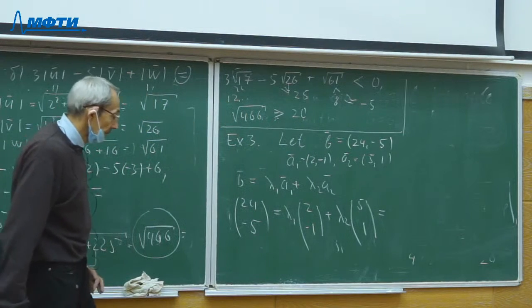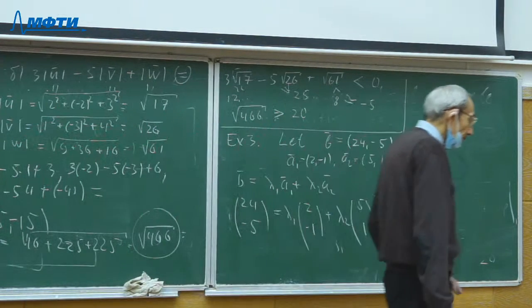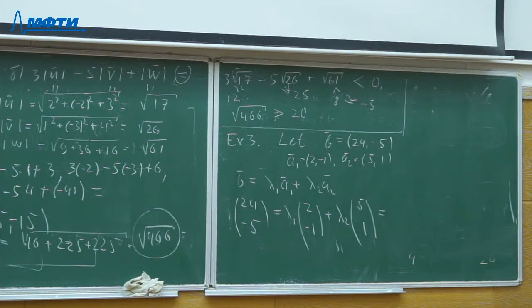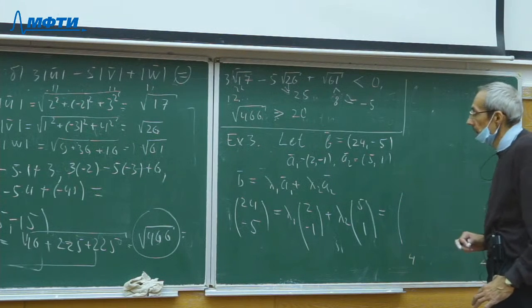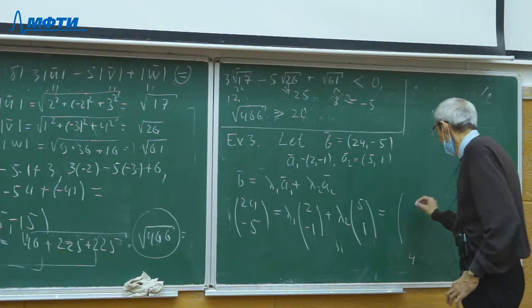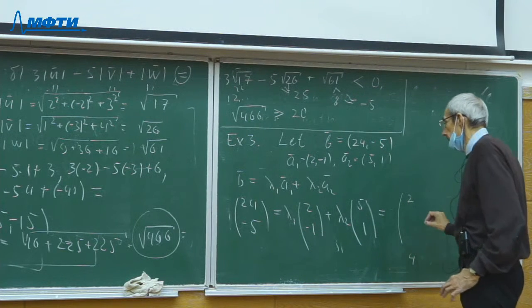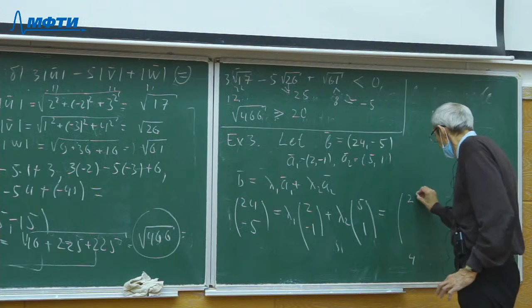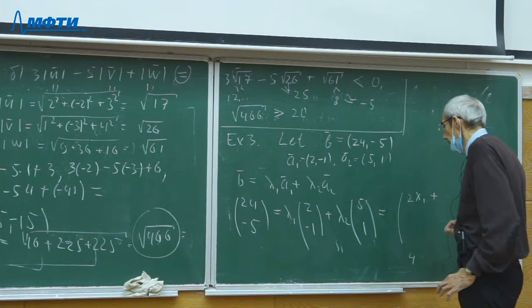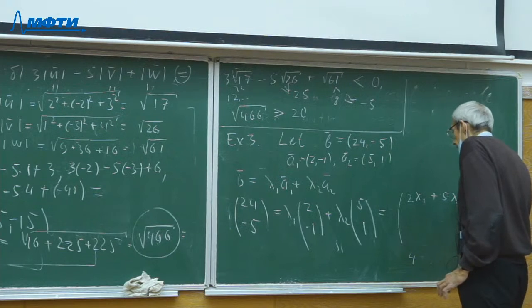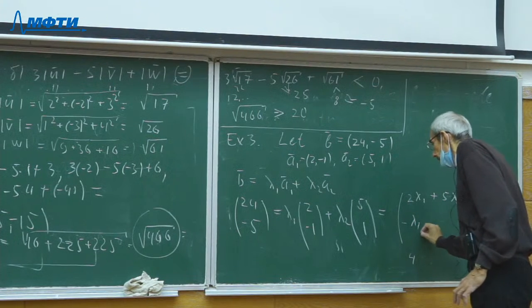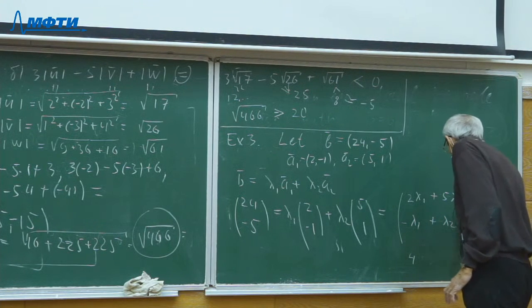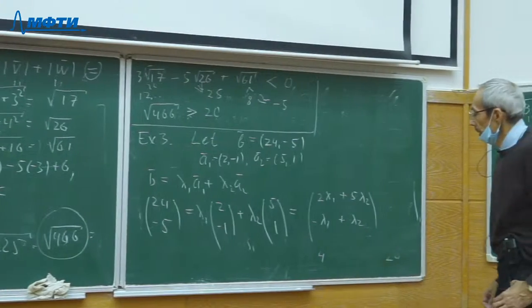Using the properties of vector addition and scalar multiplication, we obtain that the vector B is equal to the vector with coordinates 2 lambda 1 plus 5 lambda 2 as the first coordinate, and the second minus lambda 1 plus lambda 2.